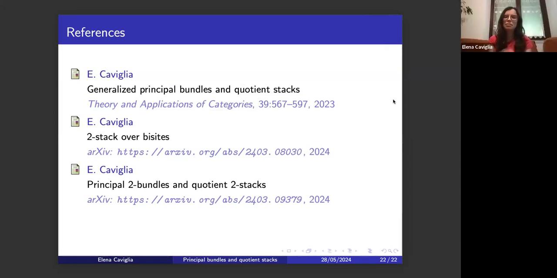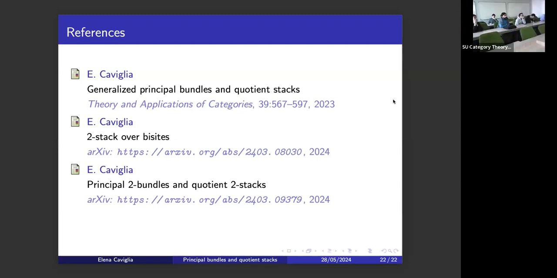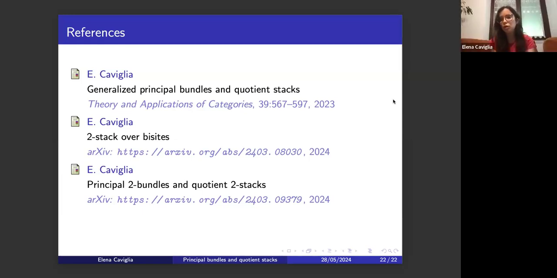Yeah, so the motivating idea behind this is that, as I said, the classical quotient stacks are linked to cohomology theories. In particular, the classifying stacks allow us to compute cohomology groups.